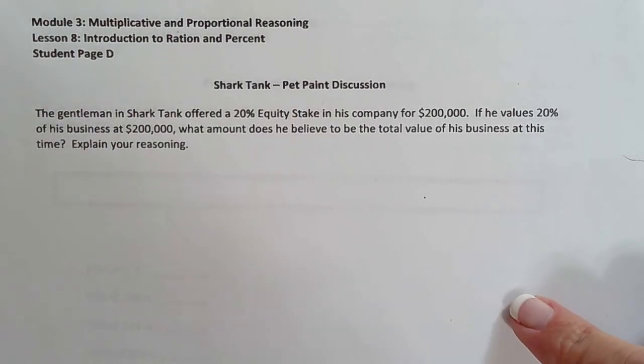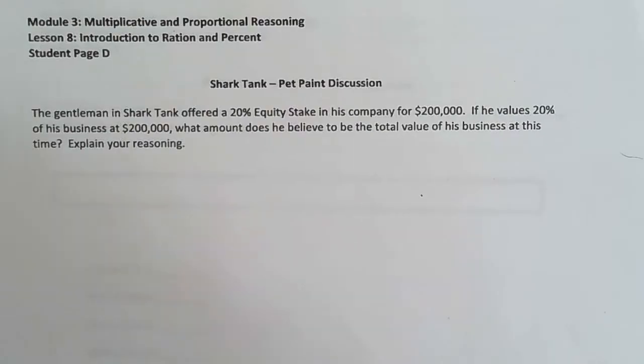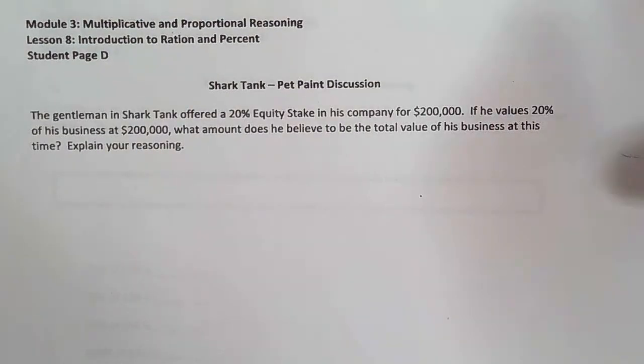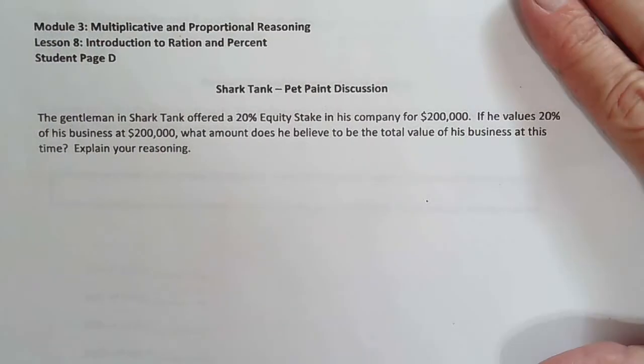It's really cute. If you Google Shark Tank pet paint, one is painted to look like a racehorse, one a ballerina, one a zebra. So anyhow, that's the background on this problem.